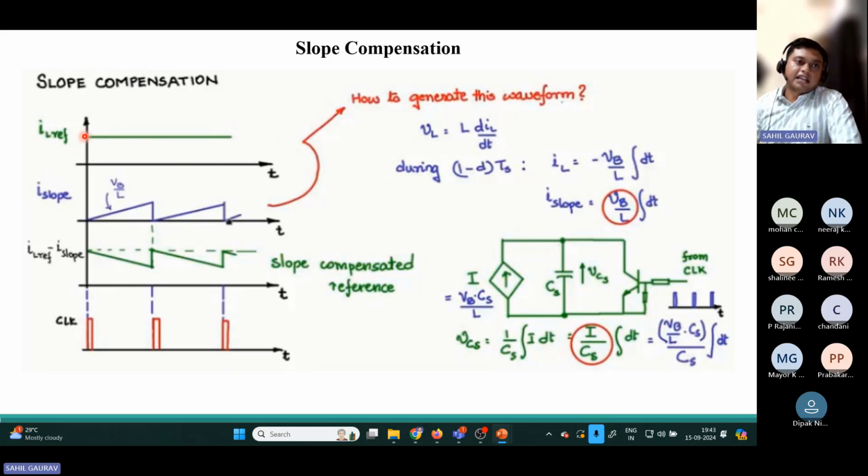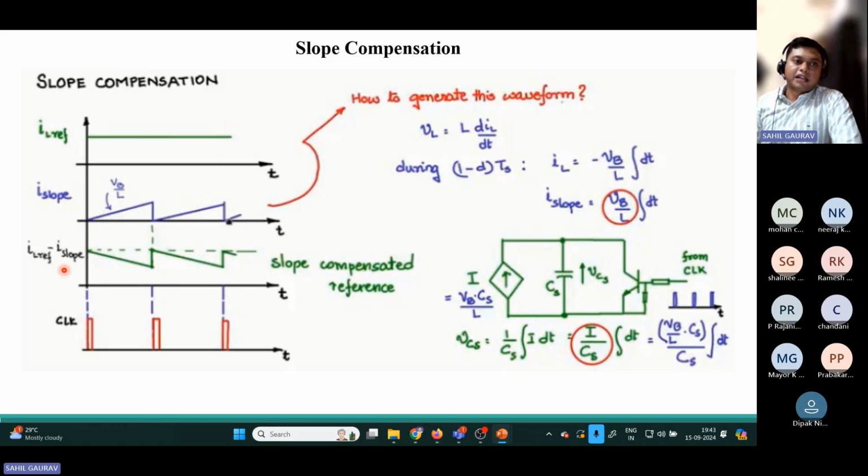You can see this IL difference, and this I slope, which we call the falling slope of the inductor current. This falling slope of the inductor current will be output voltage upon L, where Vv is the output voltage and L is the inductor value.